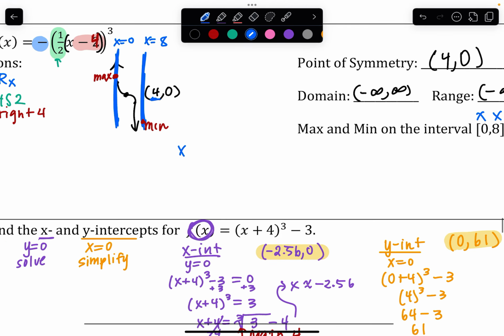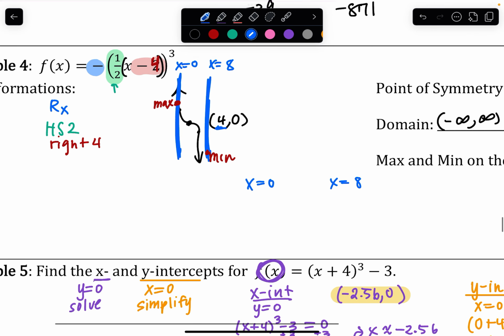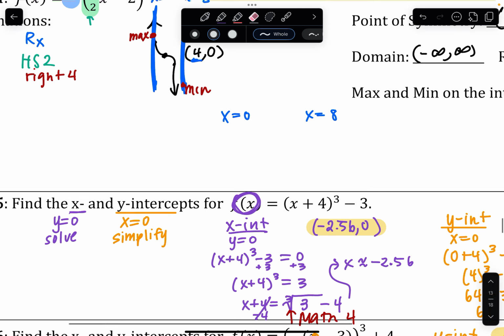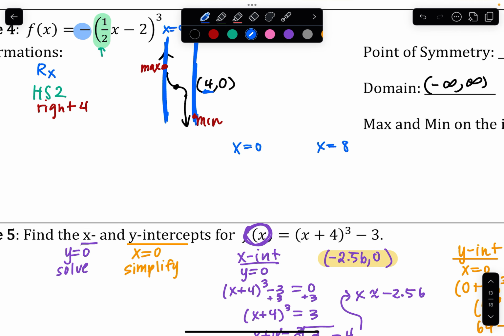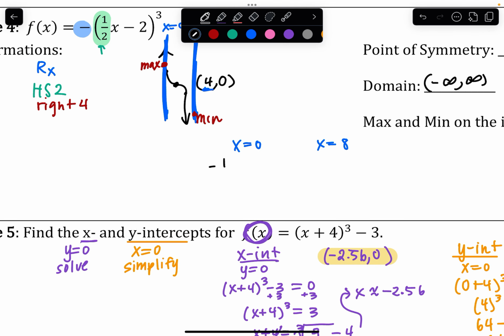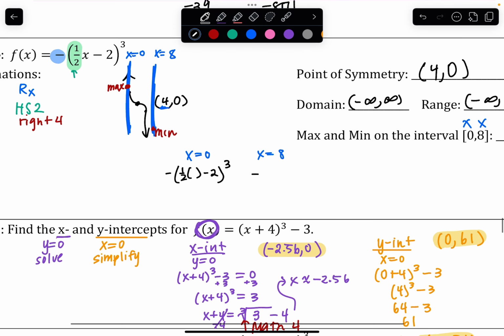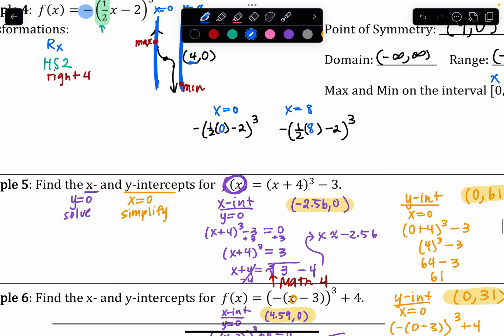Okay, and so we're going to plug those in, x equals 0, x equals 8. You can actually plug it into good form or bad form, and so I'm going to plug it in without the extra set of parentheses. So negative 1/2 x minus 2 cubed, plugging in 0, plugging in 8.